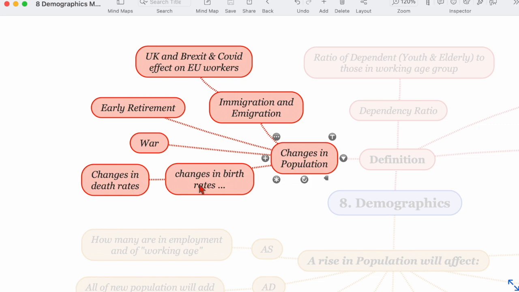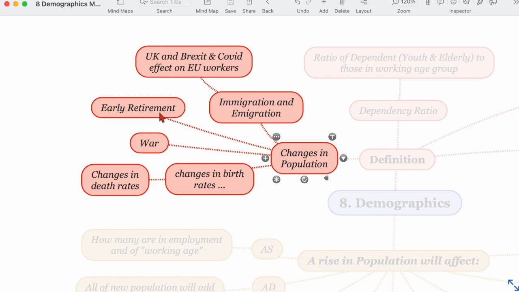So the birth and death rate can be affected by development, as well as these things affecting the rate of economic development. You can obviously have wars which are going to cause population changes.